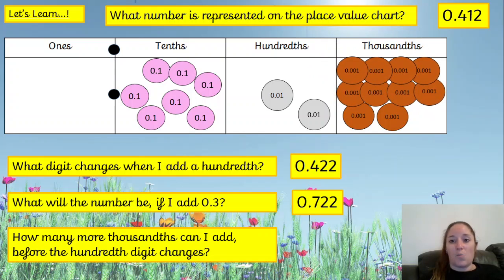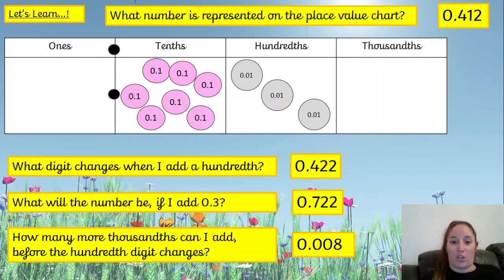So once we've added, because we've already got 2, we know that 10 thousandths is the same as 1 hundredth. Okay, so once we've got 10, we can add 1 in this box. So we can actually add 8 more. We'll be adding 0.008. So 10 of those is the same as 1 hundredth. So that will mean that number changes.